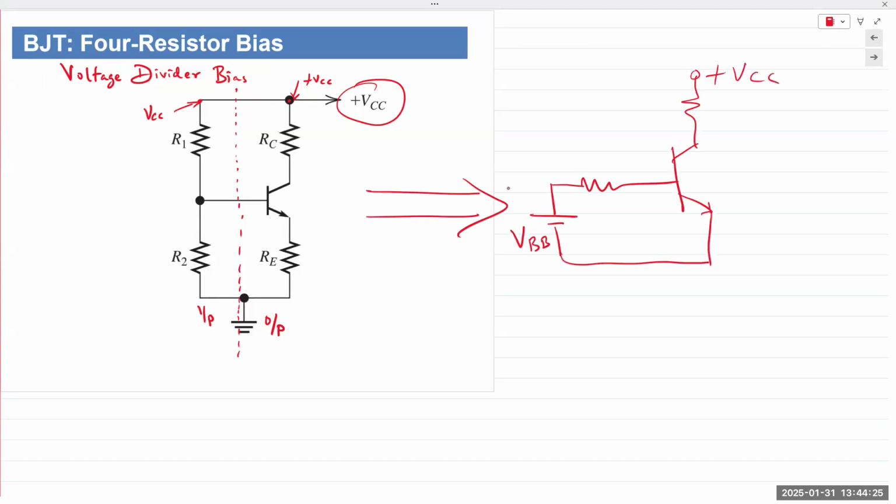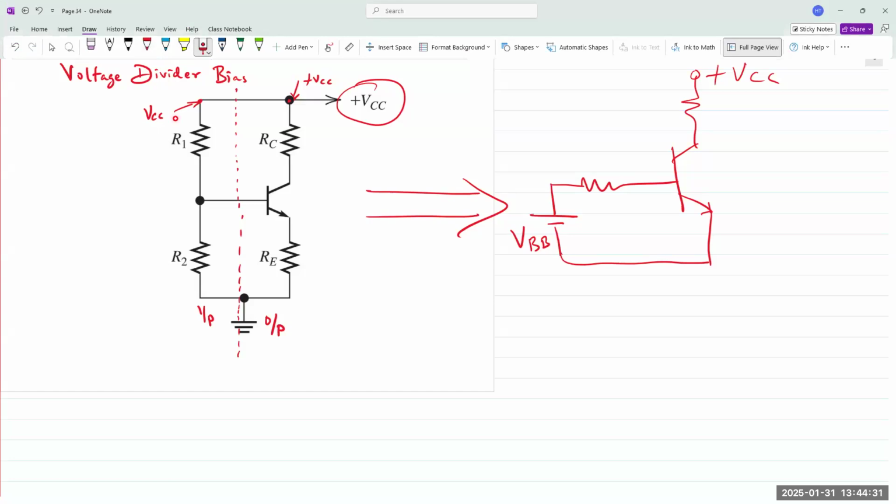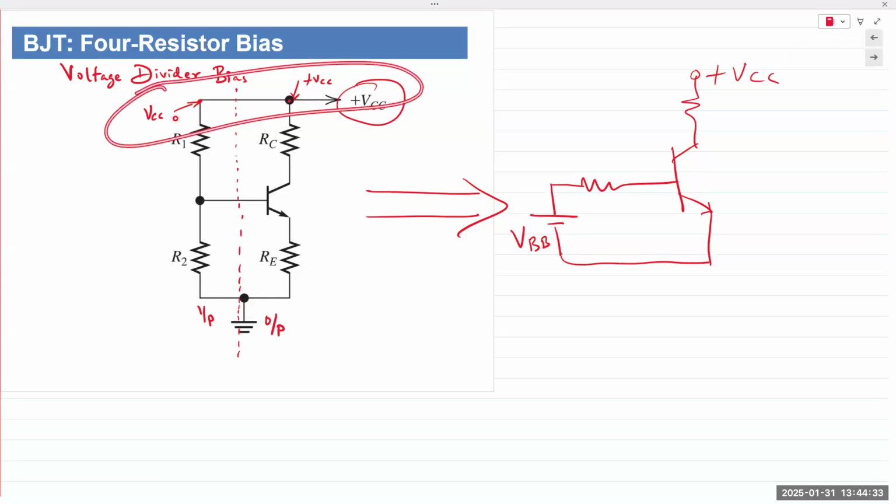Right? But there's only one single power supply here. That is VCC. We don't need to apply 2 different separate voltage sources. So we need to go from the left to the right.